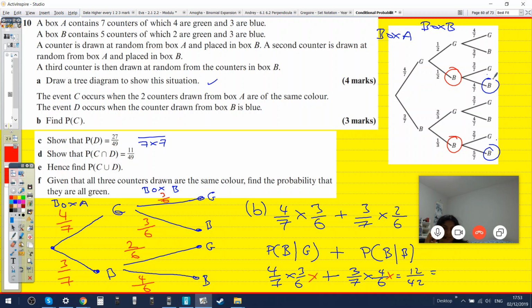But surely the other one that's blue, green, blue would also be included. Blue, green, blue. Yes, I missed that, and there's that one as well. Go on, try that, see if you get 27 over 49.